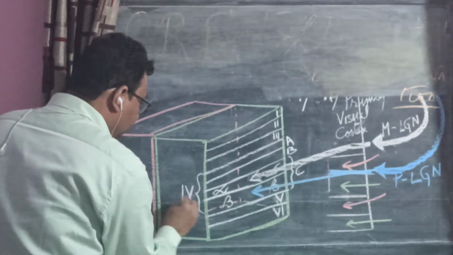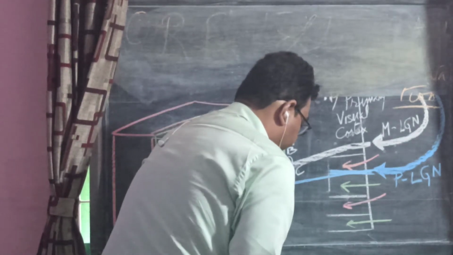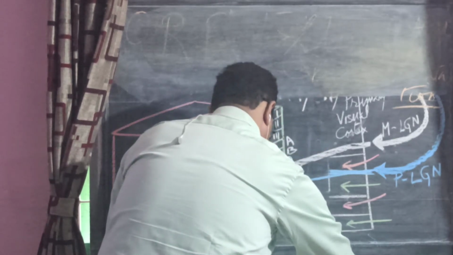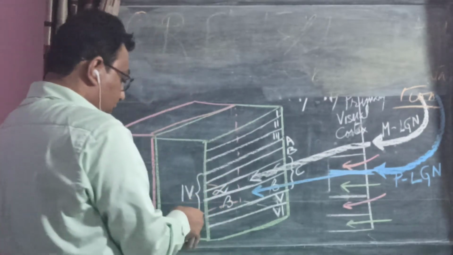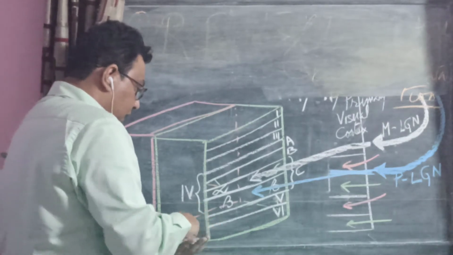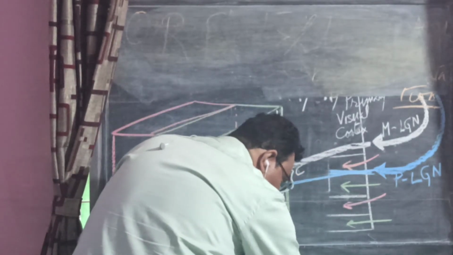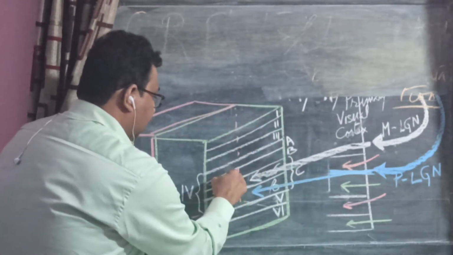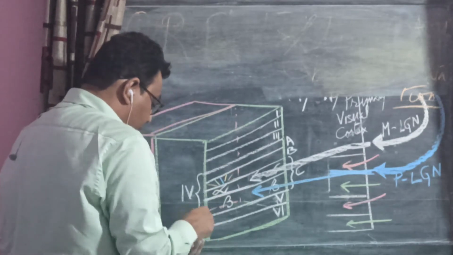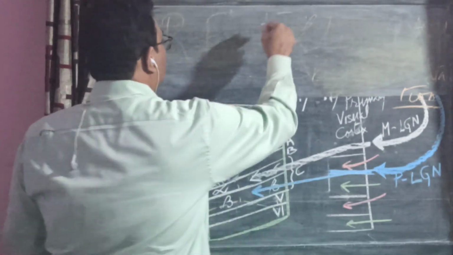Some will be stimulated by orientation like this, some by orientation like this, and some again by orientation like this. Let us draw a little arc.